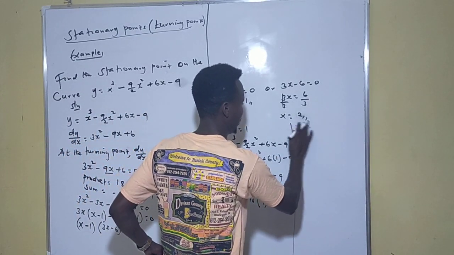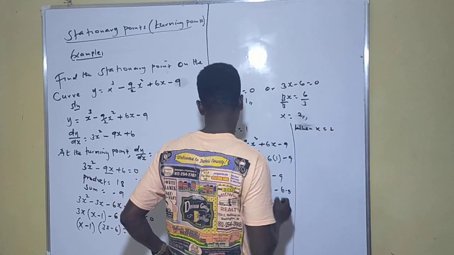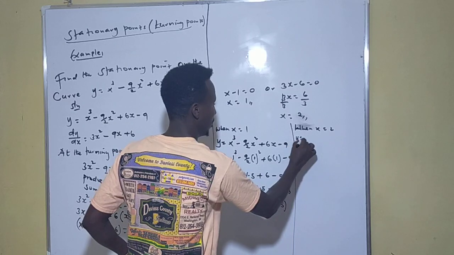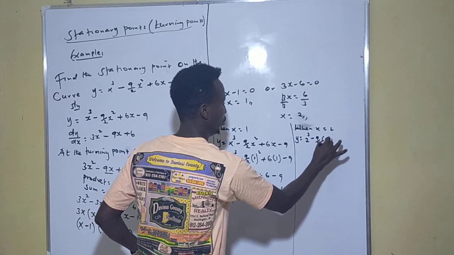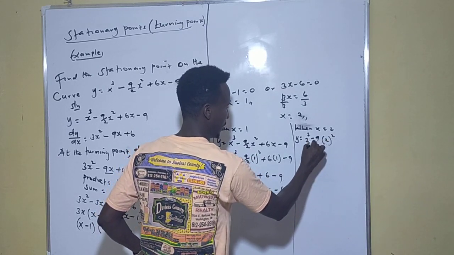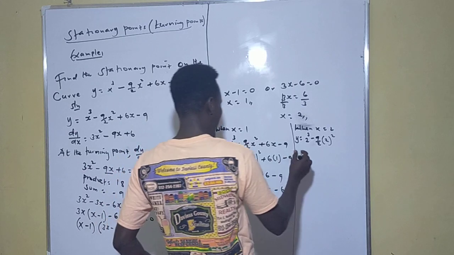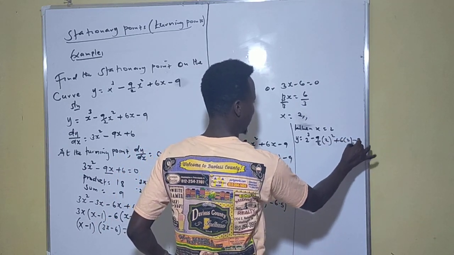When x is equal to 2, then y will be 2 cubed minus 9 over 2 into 2 squared, plus 6 into 2 minus 9.